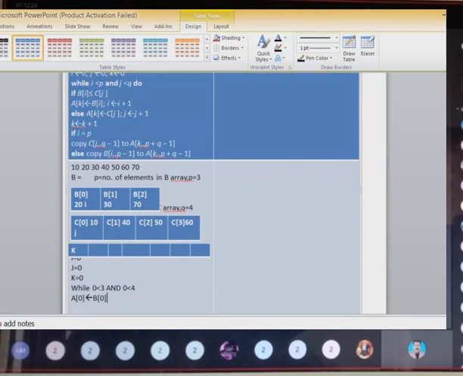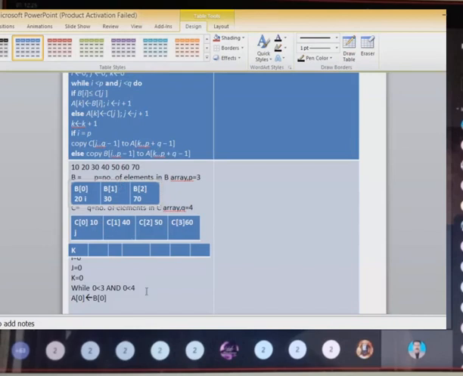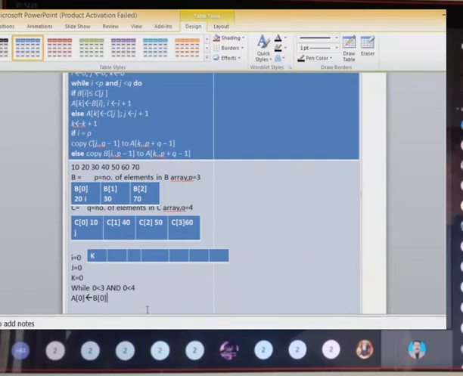Now assign B of 0 to A of K. Now the value of I will be incremented. I equivalent to I plus 1, that is 0 plus 1, 1. I equivalent to 1.